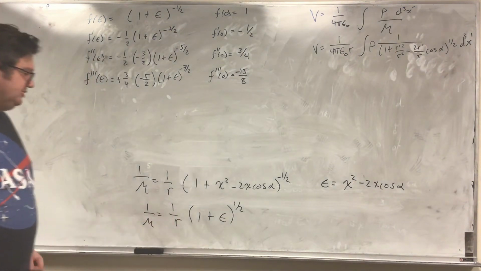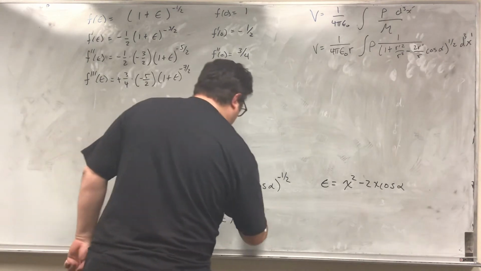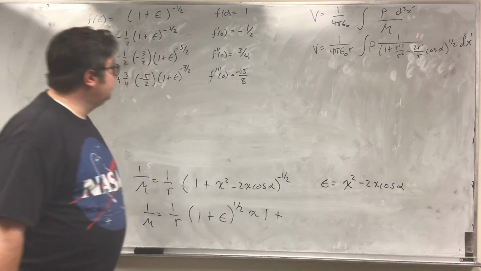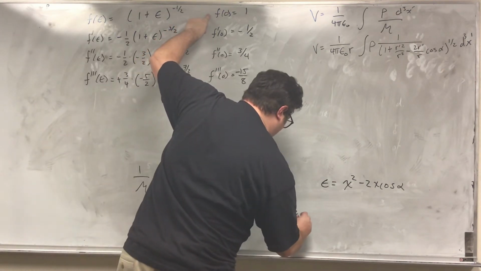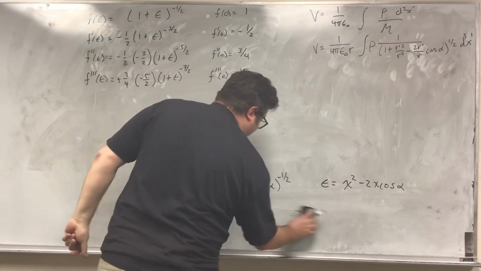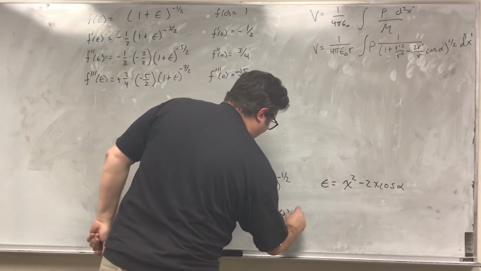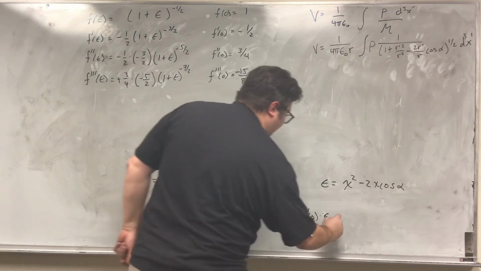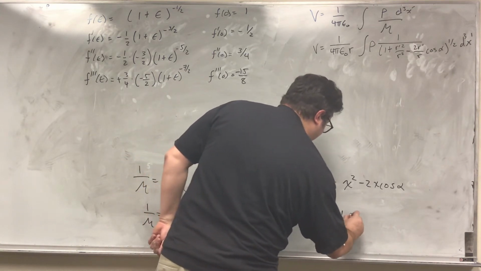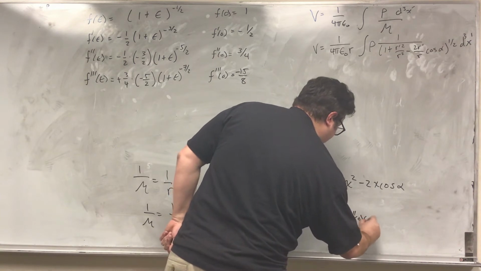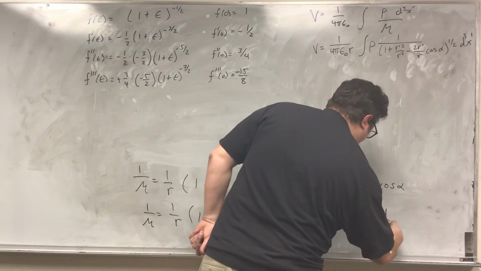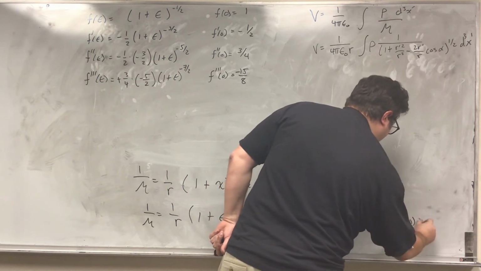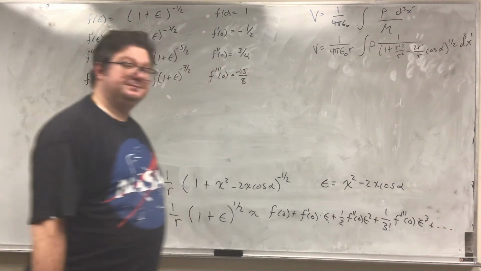So if I have this equation here, and I expand it, it's going to be approximately 1 plus, sorry, getting ahead of myself, the first value plus the first derivative times epsilon plus 1/2 the second derivative evaluated at 0, epsilon squared, plus 1 over 3 factorial, the third derivative evaluated at 0, epsilon cubed, and so on, right?